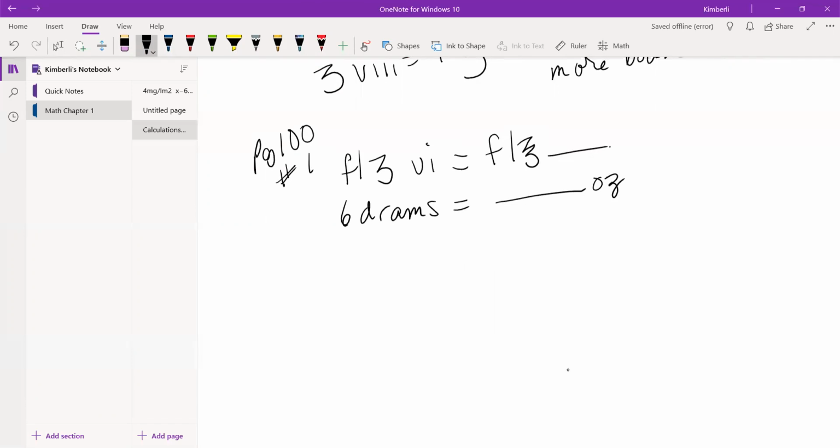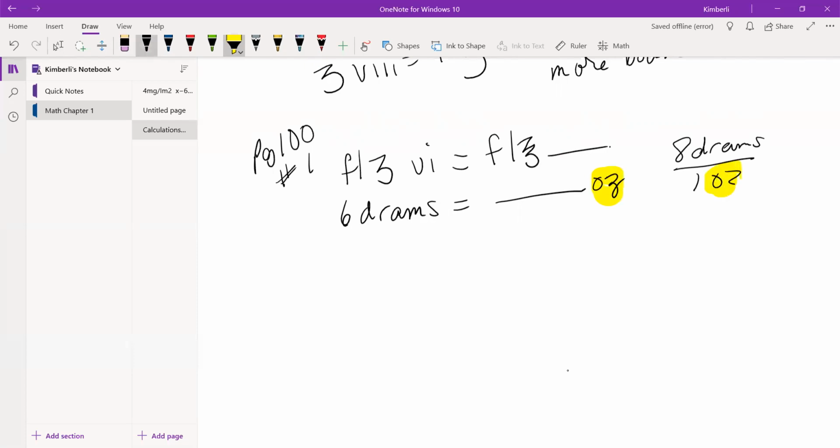And we're using apothecary symbols, so we're not going to use 6 teaspoons to the ounce. We're going to use 8 drams to the ounce. So here's my conversion factor, 8 drams to 1 ounce. And I want to end up with ounces, fluid ounces, which is the apothecary one.